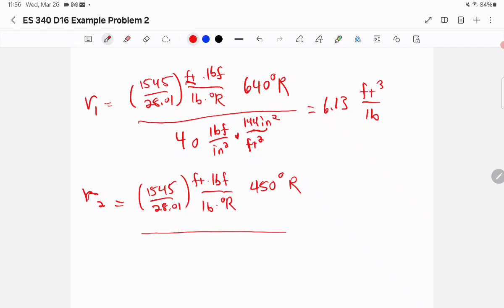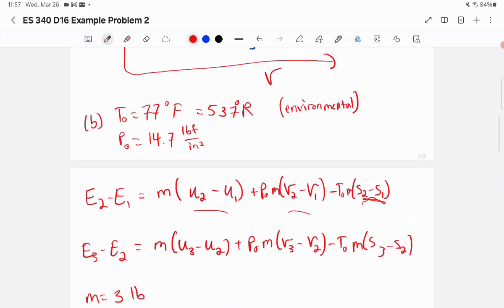And I'm going to divide through, again, it was a constant pressure, so 60 pound force per inch squared times 144 inch squared per foot squared, which is going to give me approximately 4.31 feet cubed per pound. Okay, so those are my V1, V2.